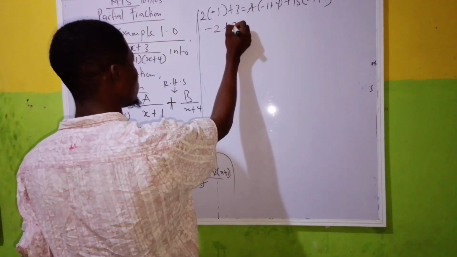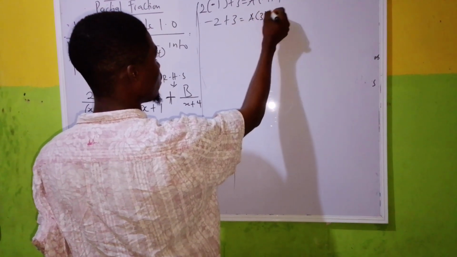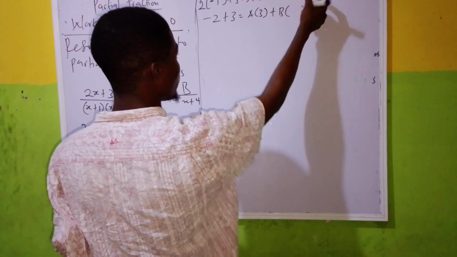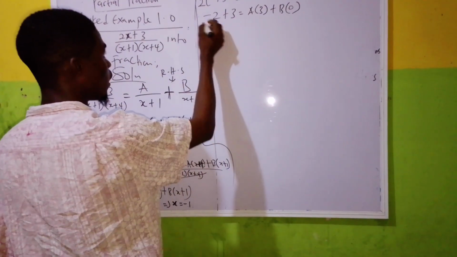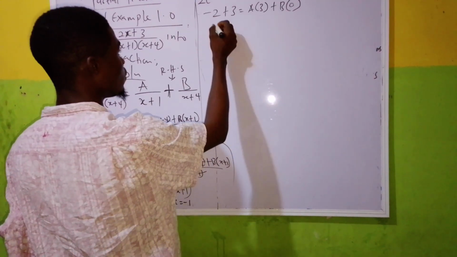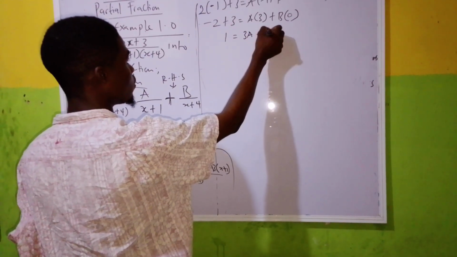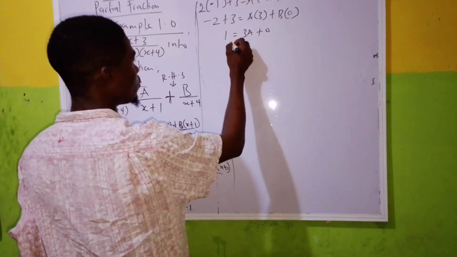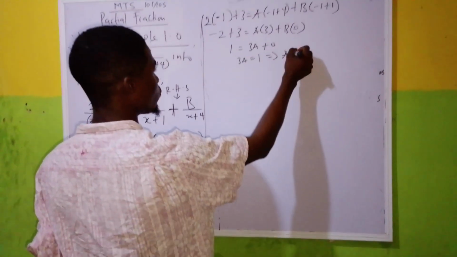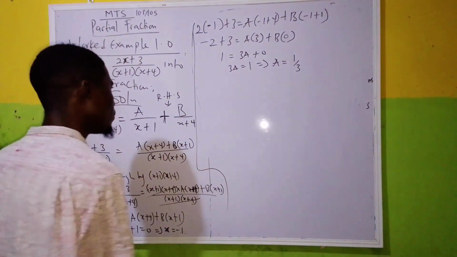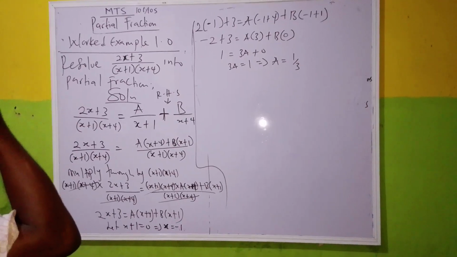Minus 2 plus 3 equals to a into minus 1 plus 4 is what? 3. Then this one is b into minus 1 plus 1 is 0. So now this one minus 2 plus 3 is what? 1 equals to 3a plus 0 times b is 0. So having 3a is equals to 1, which implies that a is equals to 1 over 3. We divide both sides by 3.